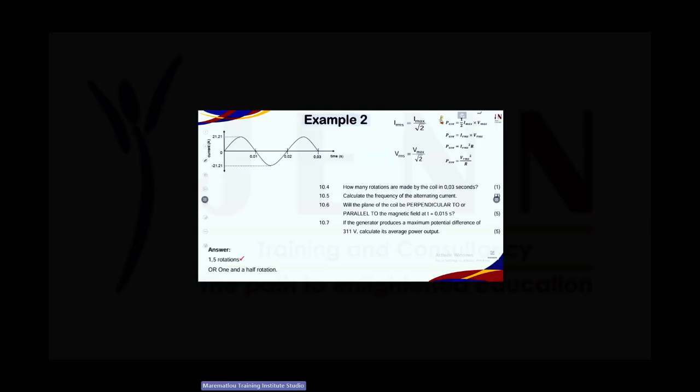Then when we look at 10.5, you see here 1.5 rotations. If we look at 10.5, calculate the frequency of the alternating current.